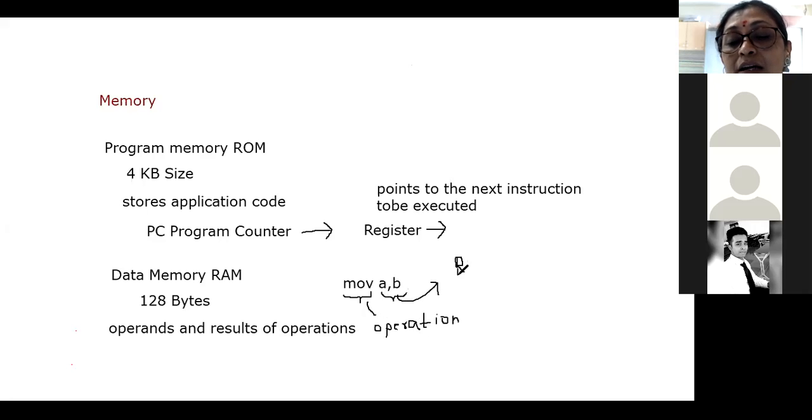These are nothing but the name of registers. Okay. A is a name of register and B is also the name of register. Okay. Now what happens? Suppose if your A contains a data 40H. H means what?